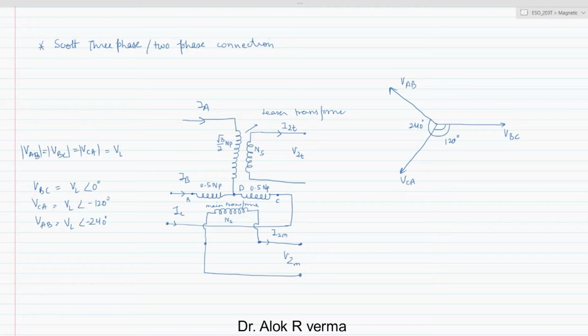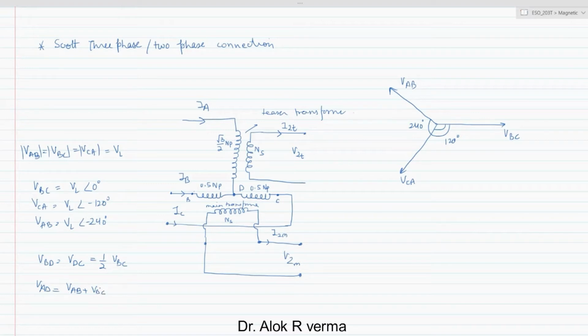The voltage is equally divided in this part of the winding and this part of the winding, so we can write VBD is equal to VDC, which is nothing but half of VBC, because this is a center tap transformer. So VAD is nothing but VAB plus VBD.